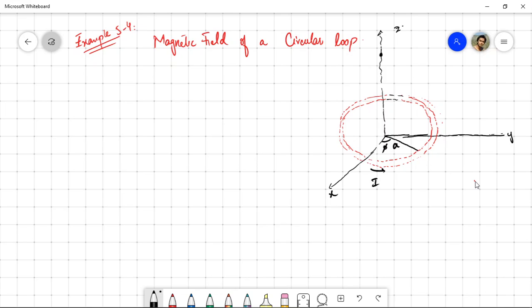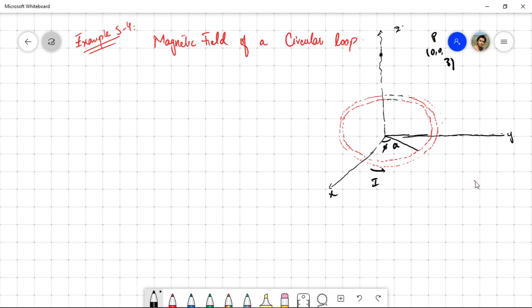The coordinates of this point are 0, 0 and z. So this point is on the axis of this loop, but it's above the circular loop. This is what he's asking of us: please calculate the value of dH at this point P.